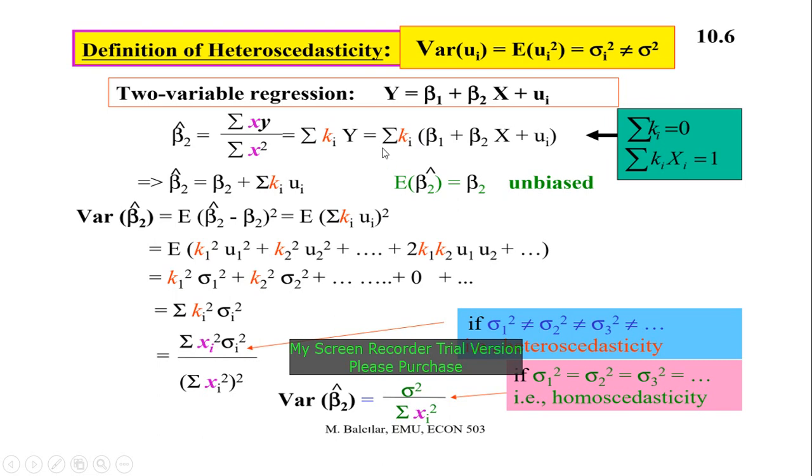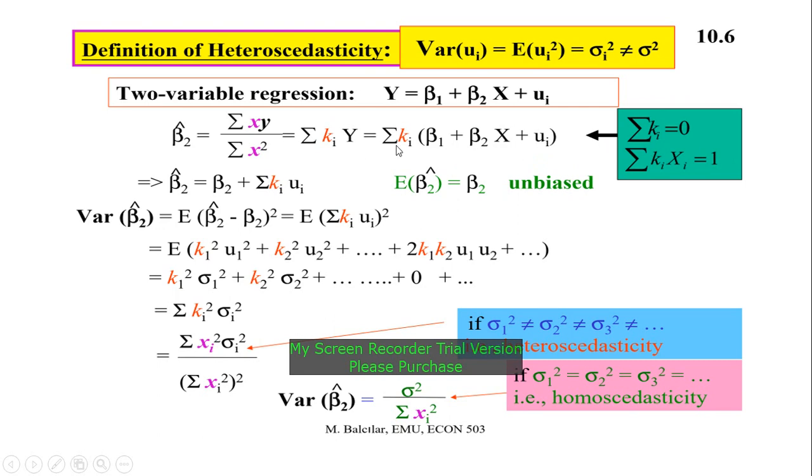When I multiply summation of ki by beta 2 x here, I end up getting beta 2 summation of ki xi. As we know that summation of ki xi here is equal to 1, when I multiply beta 2 by 1 here, I'm going to get beta 2, and this is what we have here.